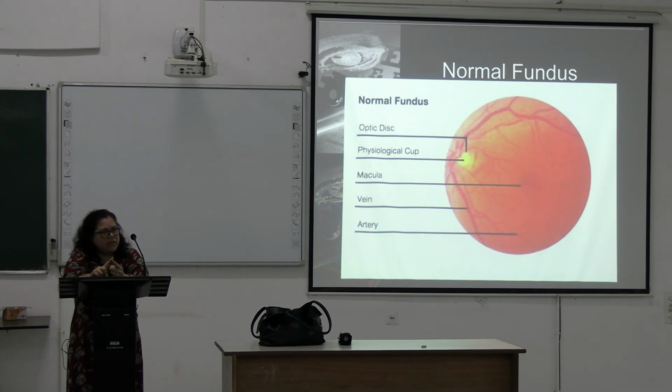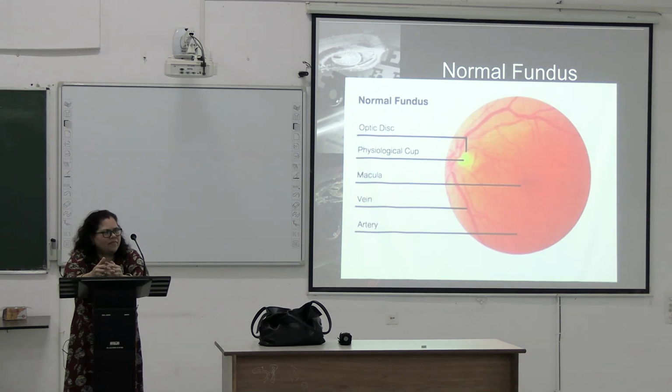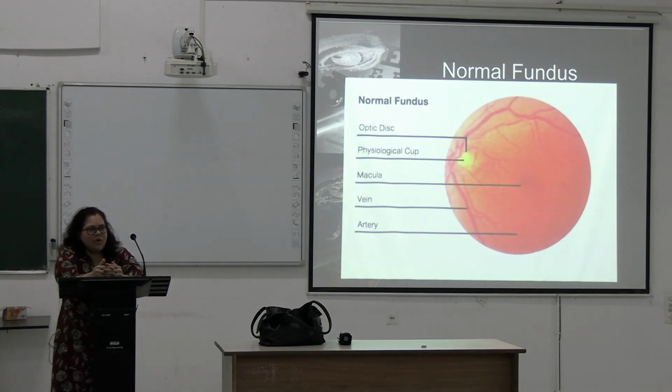Duration of action is 24 hours, and tropicamide duration of action is 4 to 5 hours, and atropine duration of action is 10 days, and homatropine duration of action is 4 to 5 days.